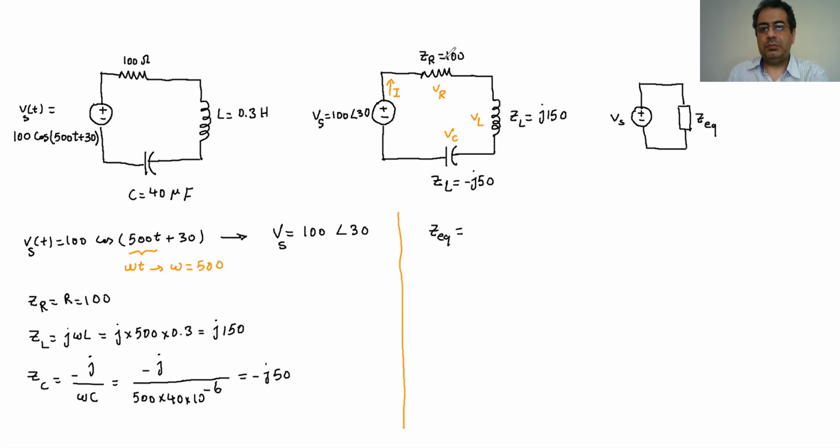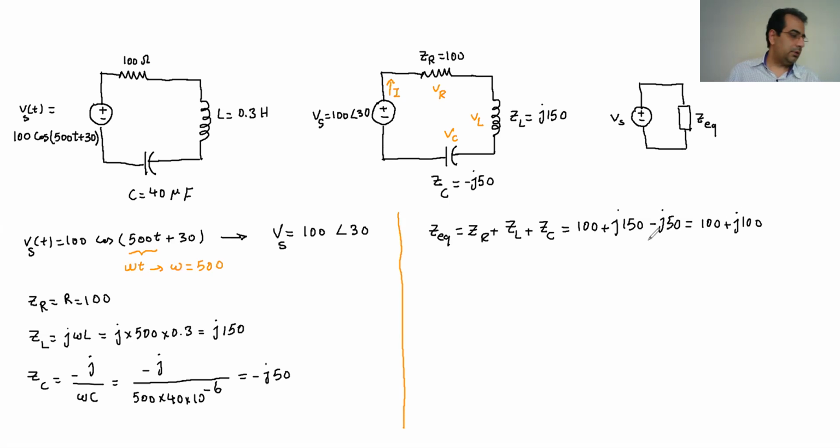If they are resistances in series, we just add all the resistances. Now we add all the impedances. So it's going to be ZR plus ZL plus ZC, which is 100 plus J150 minus J50, which is going to be 100 plus J100.